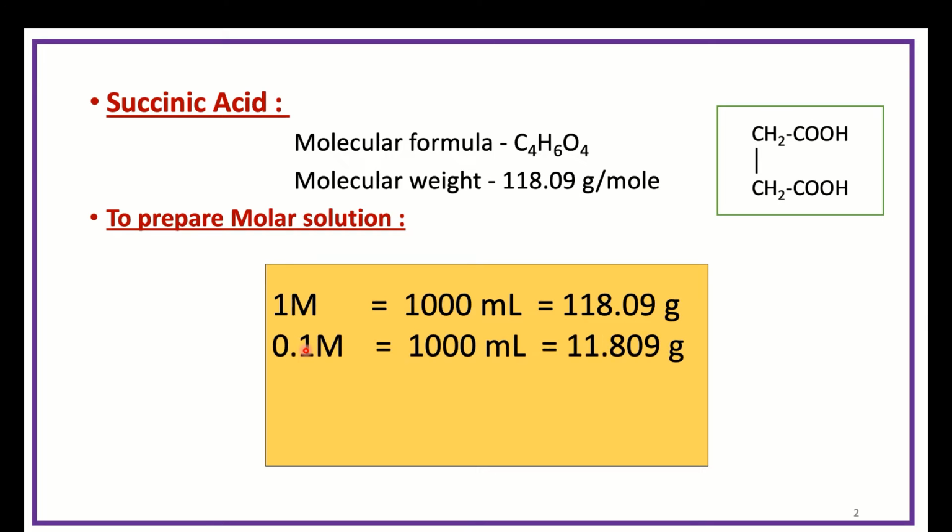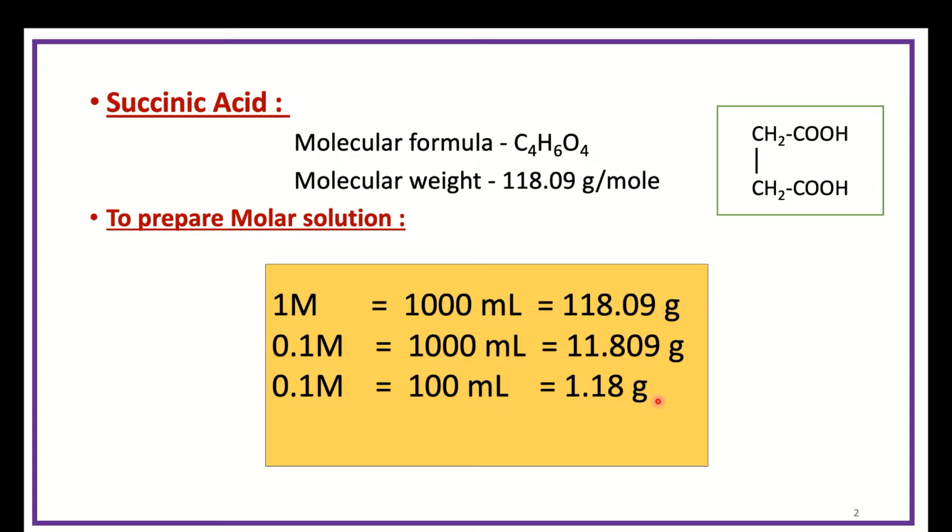Say for example we want to prepare 0.1 molar solution keeping the volume constant at 1 liter, then we have to take 11.80 grams of succinic acid and make it up to 1 liter with distilled water. If we want to prepare 100 ml of 0.1 molar succinic acid solution, we have to take 1.18 grams.